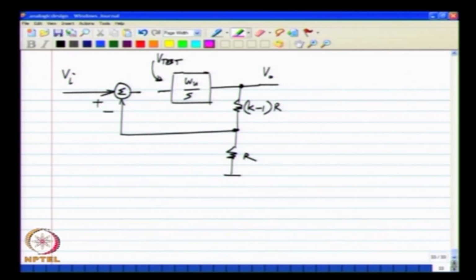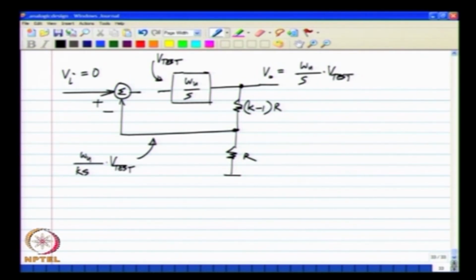Okay. Here we are not interested in the input to the system, so we will reduce Vi to 0. Then I will apply a test input to the input of the integrator. What happens is I get a quantity here which is equal to omega u by s times V test, and here I get omega u by k s times V test.